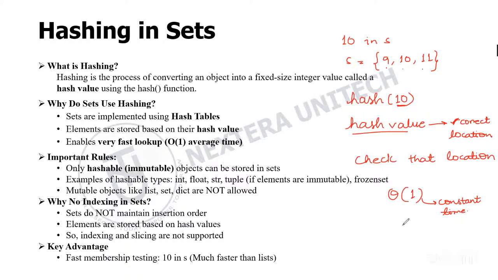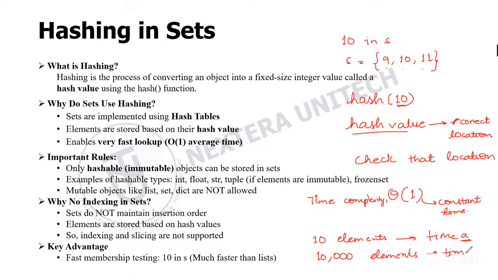So what it means is the lookup time, or the time complexity, does not grow with the size of the set. So the time complexity of a set is O(1). This is because if I have 10 elements, it will take, let's say, time A. And if I have 10,000 elements, it will take the same time to check my element.